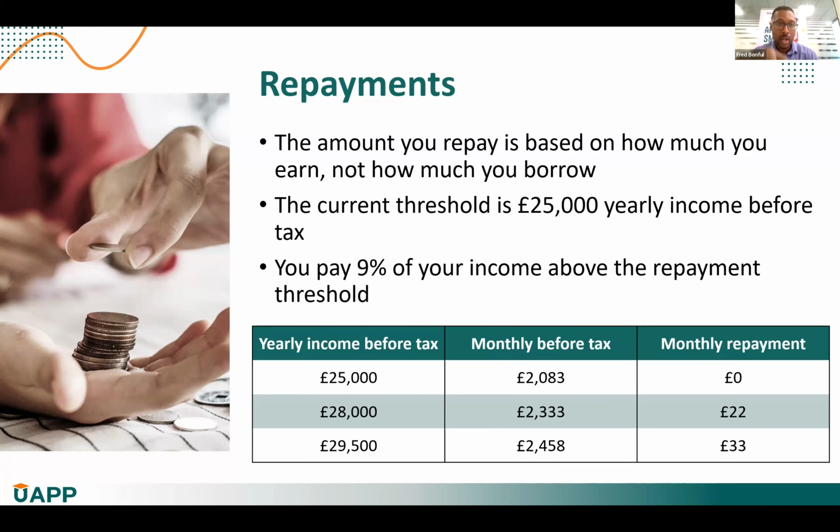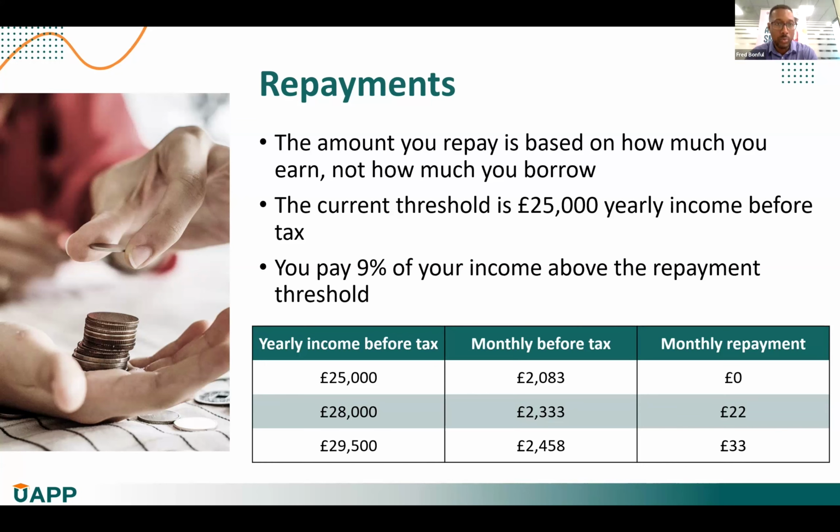So it's 9% of your salary minus the threshold of 25,000. 9% of 3,000 in that example would be £270, right? And if you divide £270 by the 12 months, you would get your £30 a month.